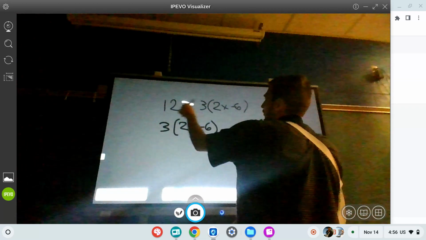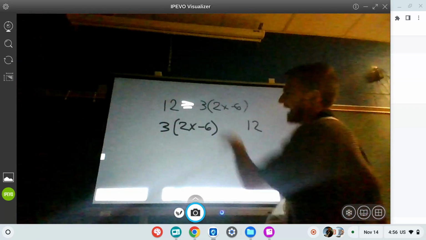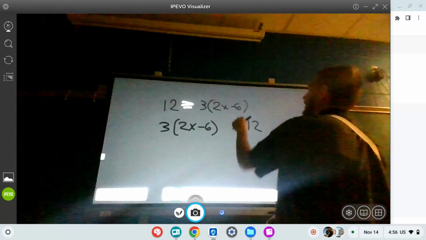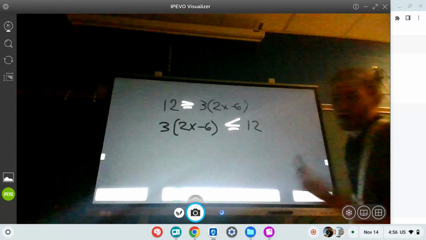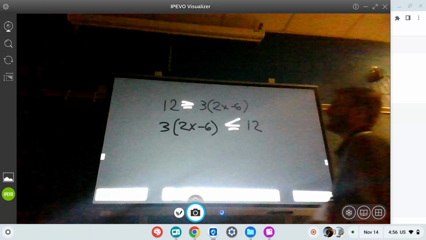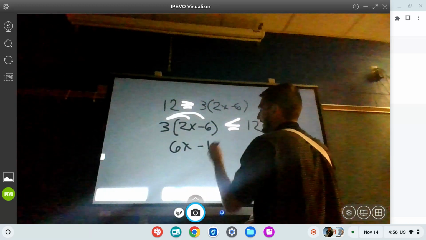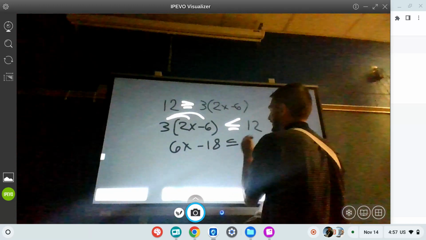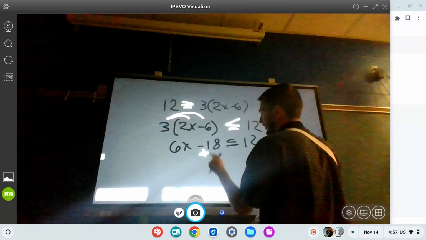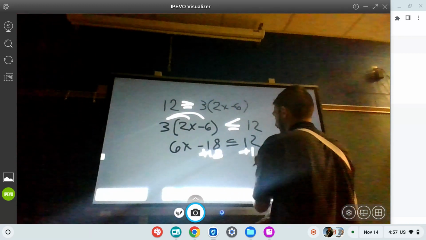And this symbol, greater than or equal to, alligator eats the 12, less than or equal to, alligator eats the 12. Now, distribute. 6x minus 18 less than or equal to 12 plus 18 plus 18.